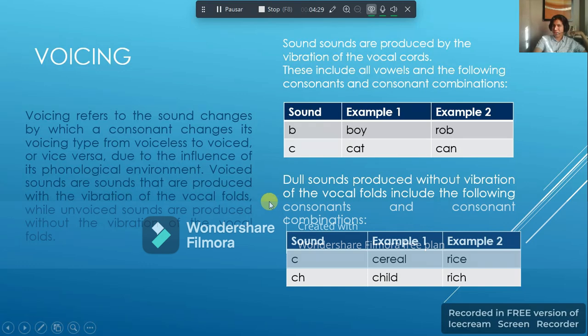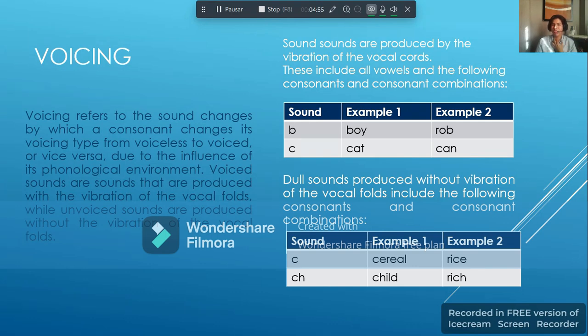Some sounds are produced by the vibration of the vocal cords. For example, we have boy, rough, cat, can't. They are different but similar, like cat, can't, boy, rough, and they are sounds we can put together. Voiceless sounds are produced without vibration of the vocal folds, including the following consonants and consonant combinations.